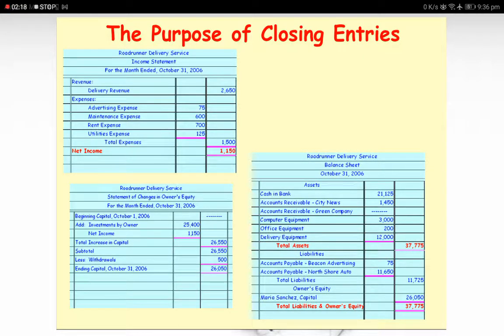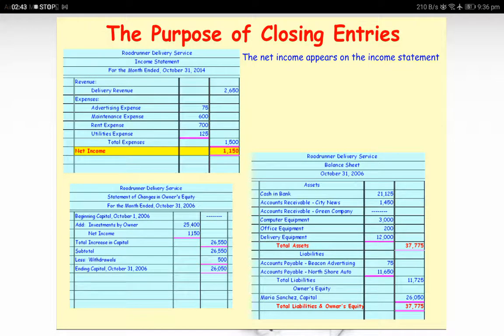Talking about the balance sheet, as you can see, all of the assets are listed. Then the lower portion of the balance sheet consists of liabilities and equity, and that makes the total liabilities and owner's equity section. Of course, since in double entry both sections must balance. So the net income appears on the income statement as we just discussed.